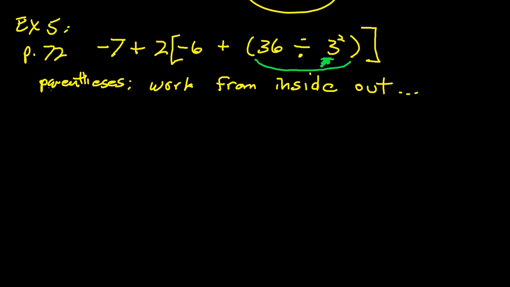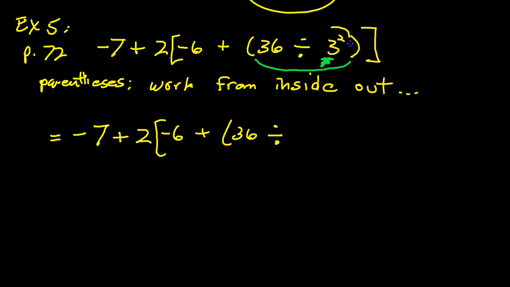And I'm going to leave all other operations pending. Don't do this 7 plus 2. This gets done last, really. And 36 divided by 3 squared is 9.